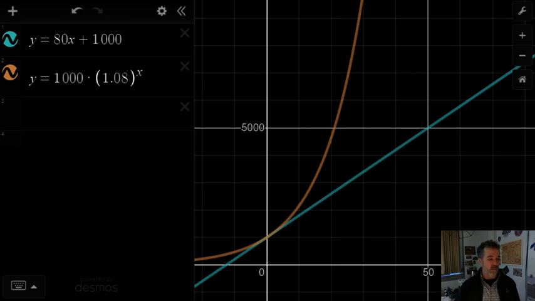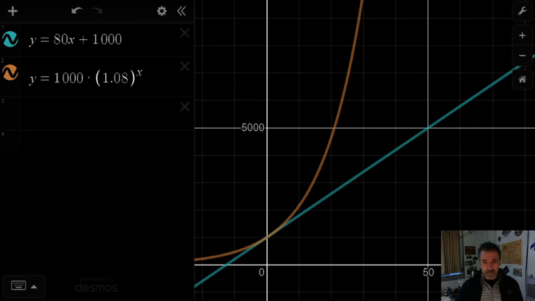And our multiplier would be different if we were getting different interest rates. If we were earning 12%, it would be 1 plus 0.12. So my multiplier then would be not 1.08, but 1.12.